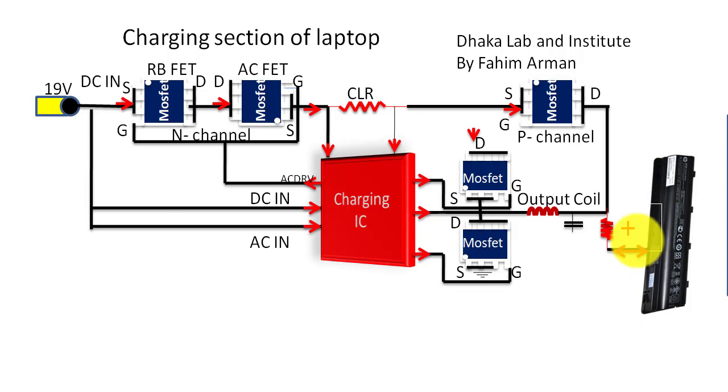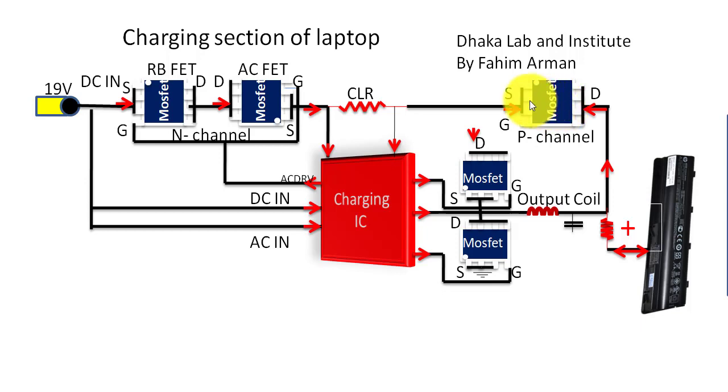Then the battery backup will pass from the battery through the resistor to the drain of the MOSFET. This is the discharging MOSFET, as you already know.